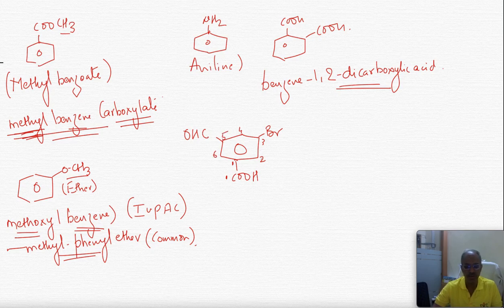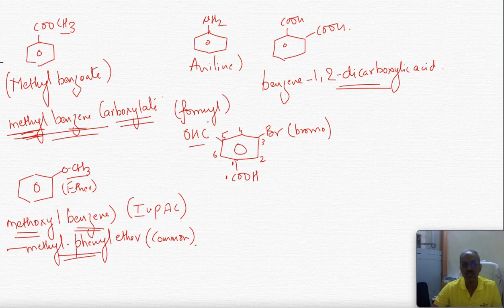Now, this is the substituent, so this is bromo. This is also a substituent. If CHO becomes a suffix, then it is al, but if it becomes a prefix, if it becomes a substituent, then it is known as formyl.